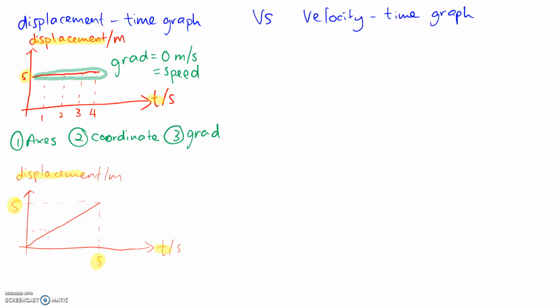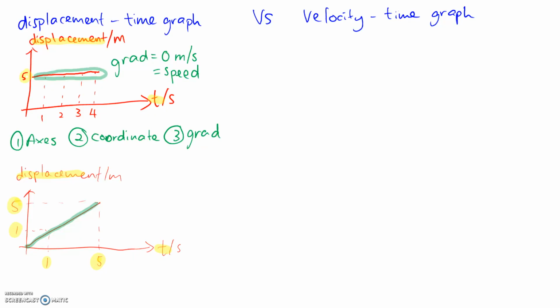For example, if this is 1 and this is 1, the initial value is 1, the final value is 5, and the time difference is 5 minus 1, I can find the gradient. By looking at the gradient of the graph, I can find the velocity.